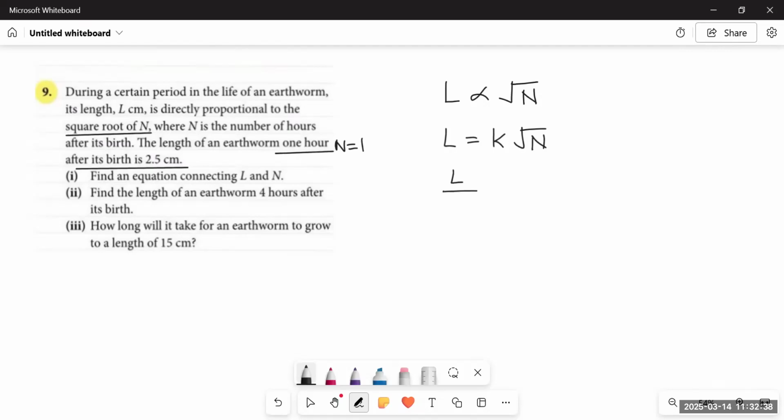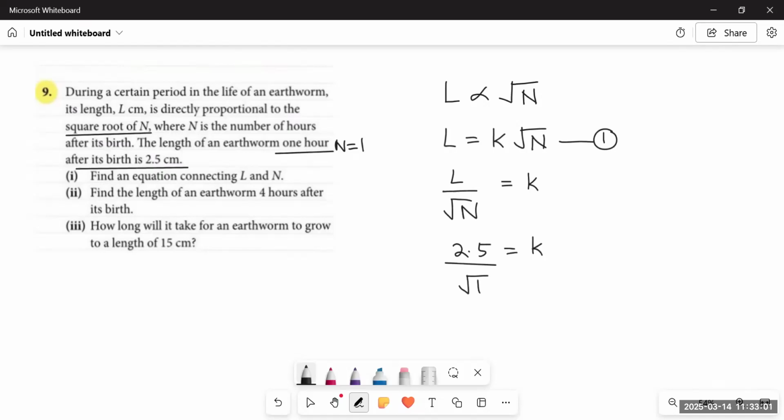So it would be L upon under root N is equal to K. Then we will substitute their values. This is the equation that we have to use later on. So L is equal to 2.5, under root N would be 1, and the square root of 1 is 1.